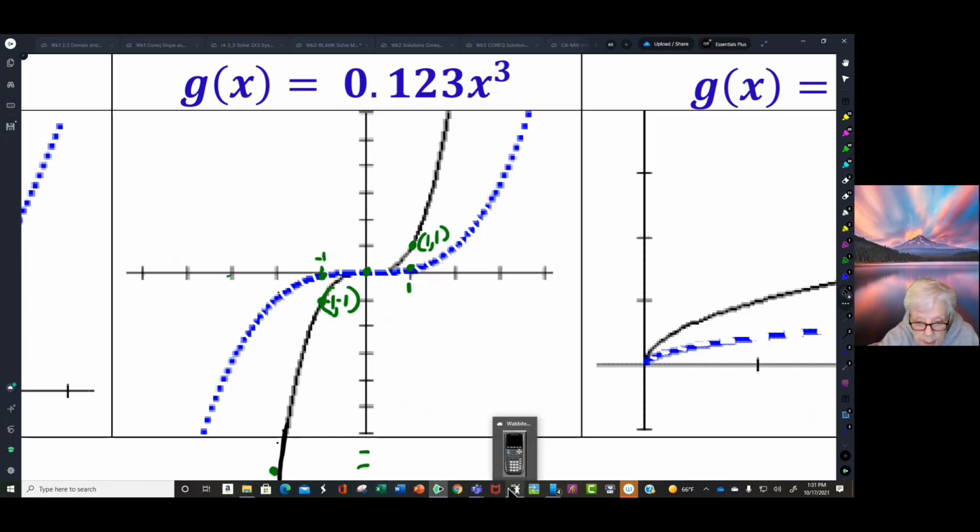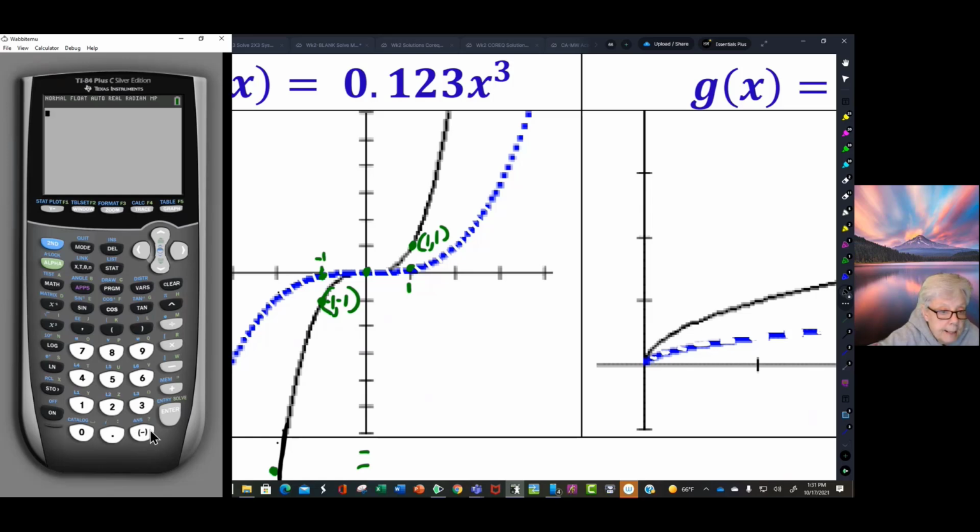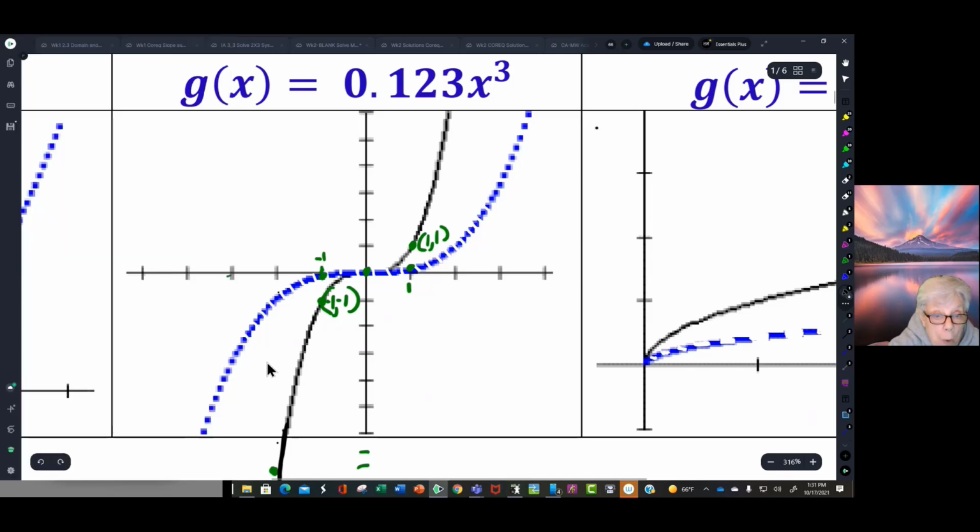Let's find out. There's the calculator. Okay, negative 8 times 0.123 gives us negative 0.984. That's almost, but not quite, negative 1. Here's negative 1. But a line going straight down from there will put this a little above. And I should make that green.